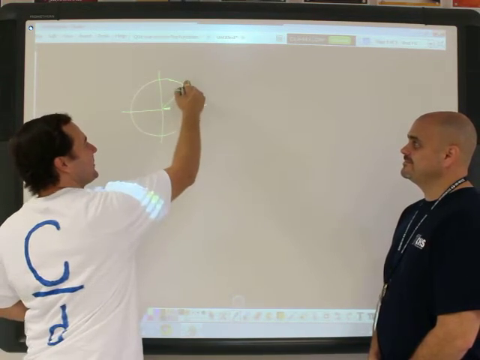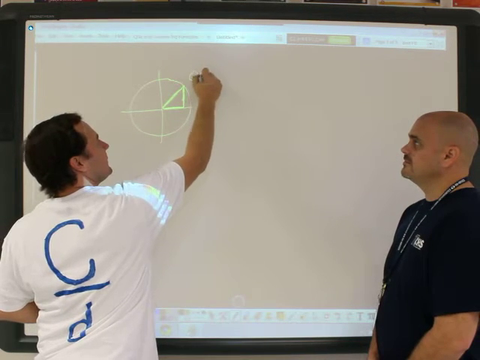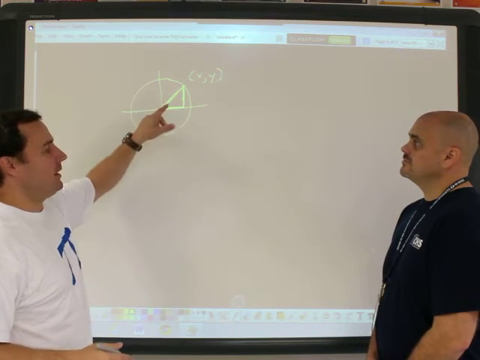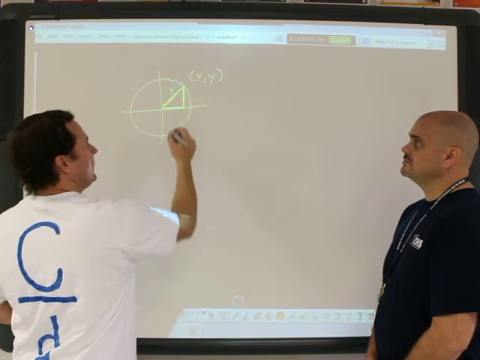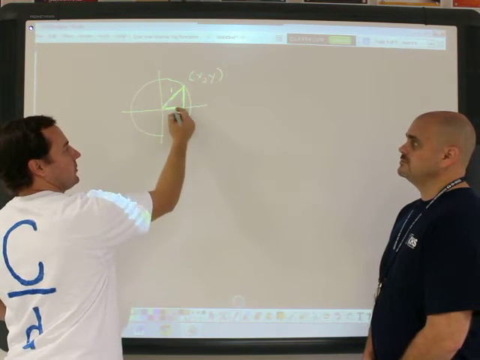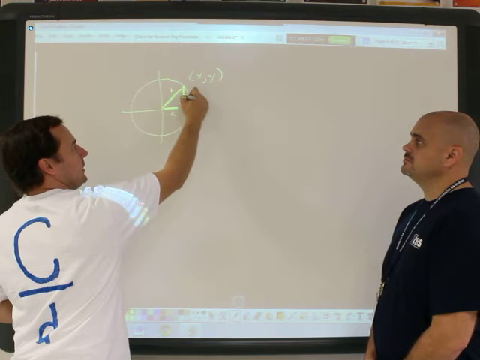Any point on the circle will have the coordinates x and y. And the unit circle we know has a radius of 1. So we know x is the amount you move to the right from the origin. So that leg of my triangle is x, that's a perpendicular, and that's y.